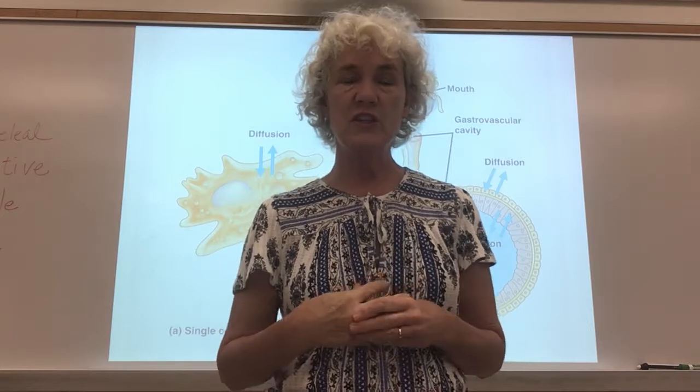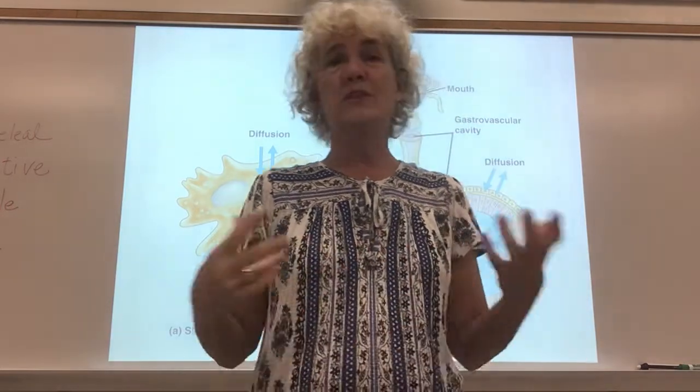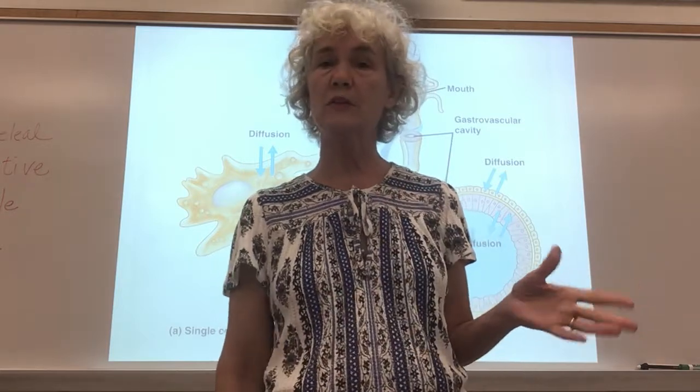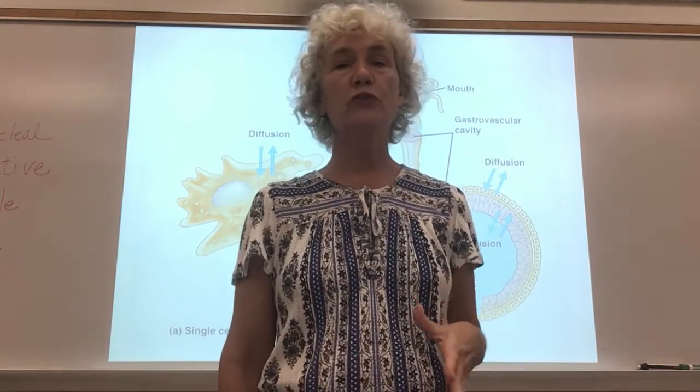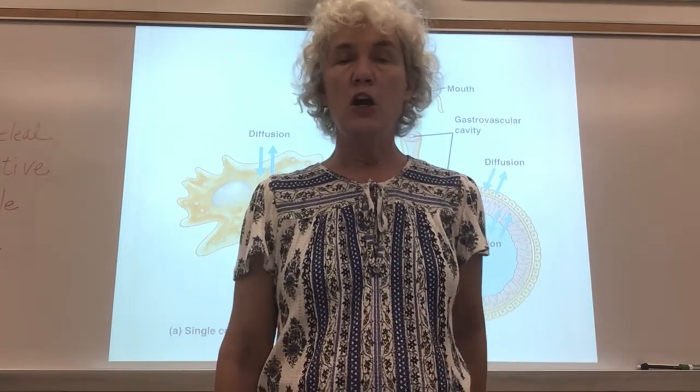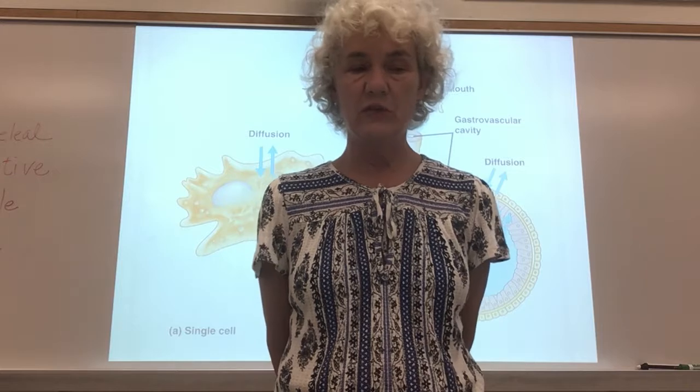There are various ways of energy exchange. As you might recall from the beginning of the semester, we talked about autotrophs and heterotrophs and the different types of those. So that is one of the constraints.